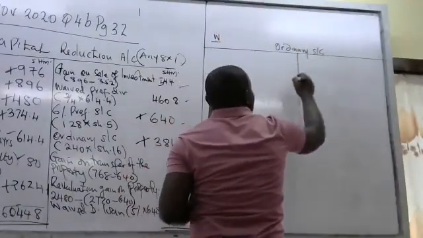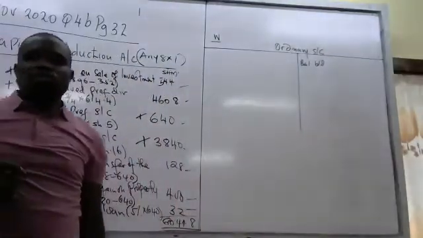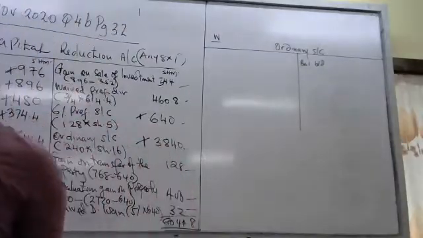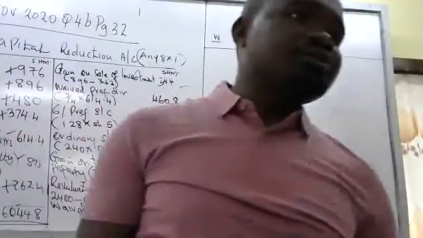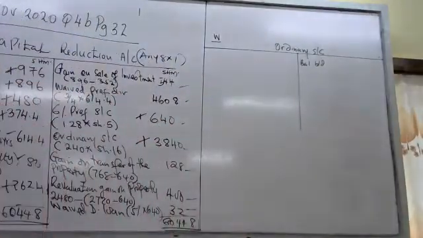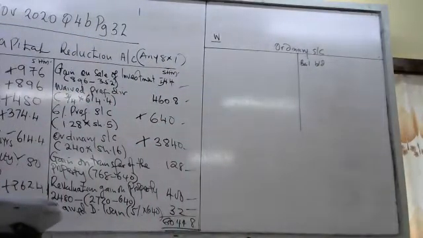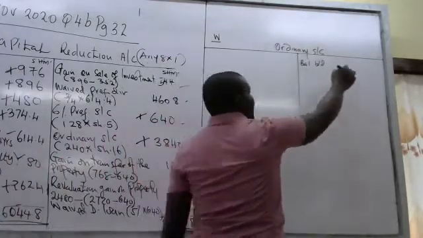That is a working. So we'll start with balance brought down. How much was there for ordinary? 48. So give us here 48.